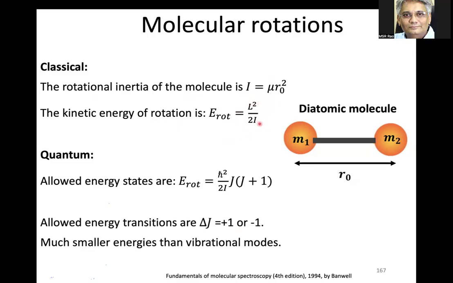And the quantum analogy is the allowed rotational energy is equal to h cross squared by 2I, J into J plus 1. So the allowed transitions are delta J equal to +1 or -1. What is involved in vibrational modes are always much smaller energies, as I mentioned earlier, compared to electronic transitions.